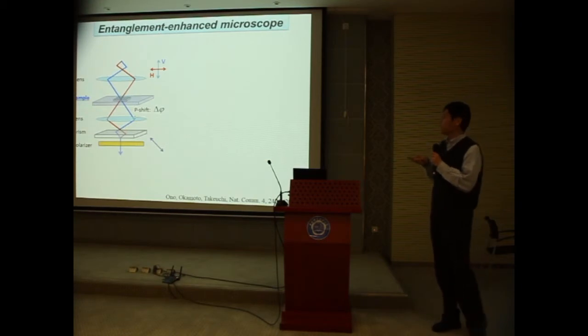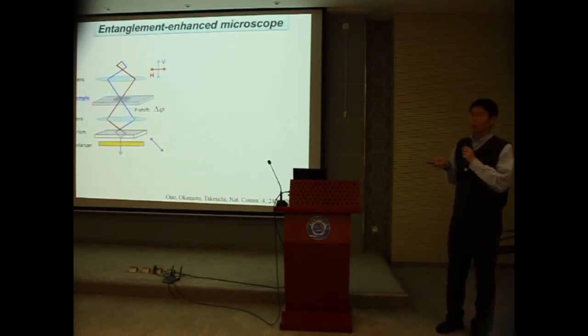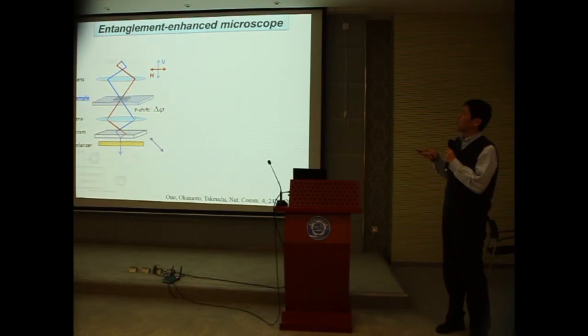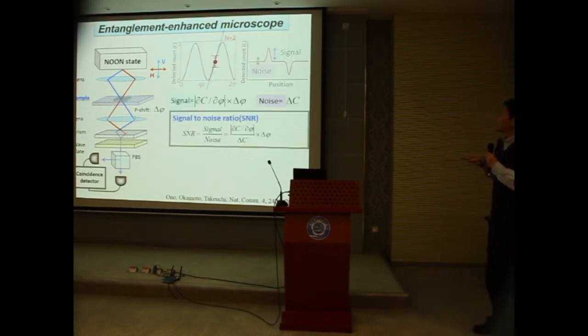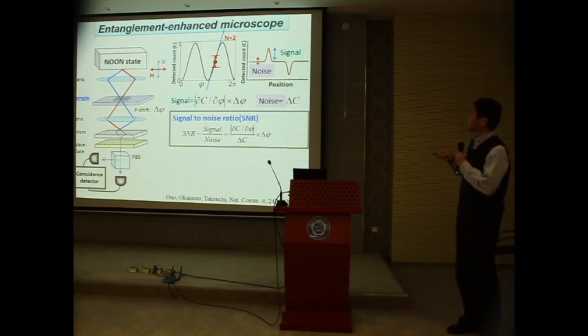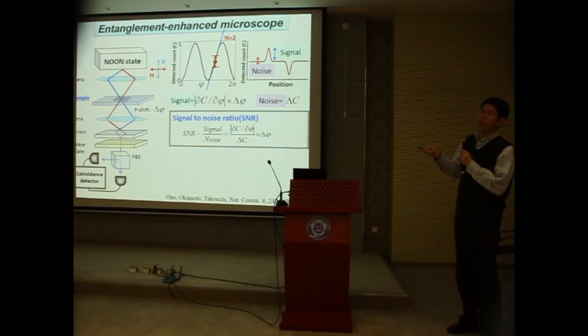In order to improve this situation, we propose to use entangled state for illumination, and also replace the light detector with coincidence detection using photon detectors. In this case, signal is given by the change in phase times this slope, but the slope is now twice larger than the normal sinusoidal curve, right?